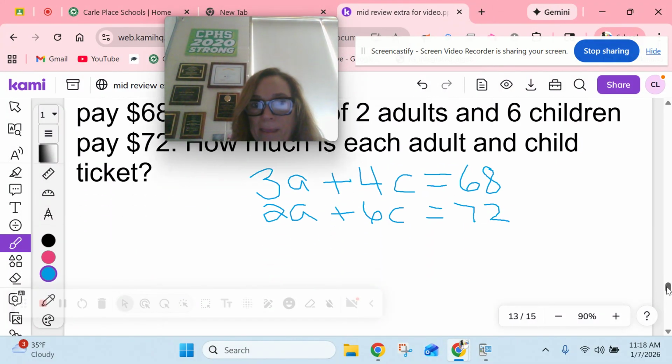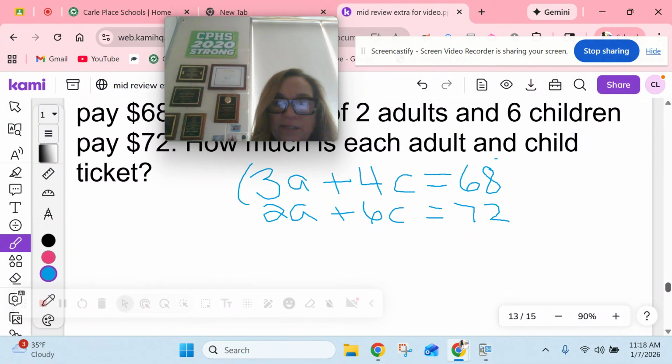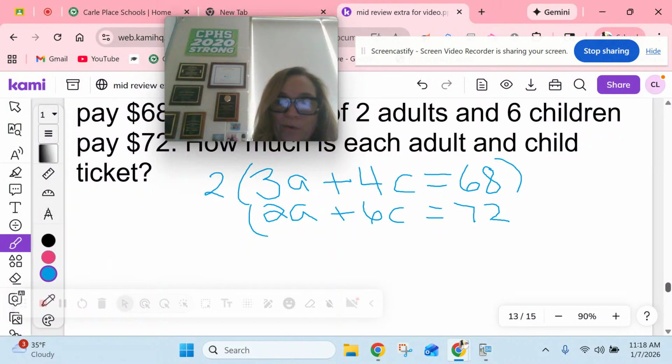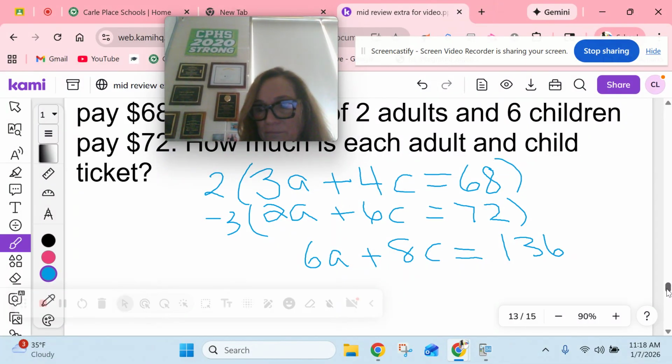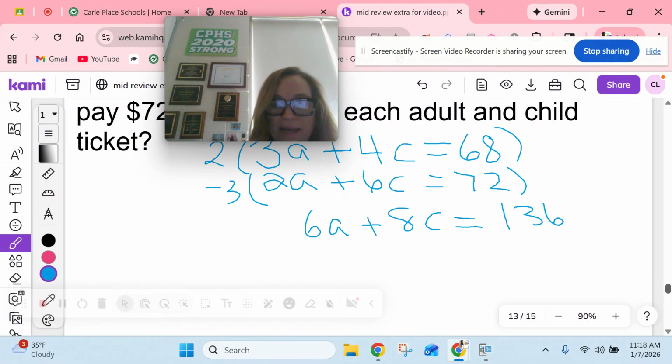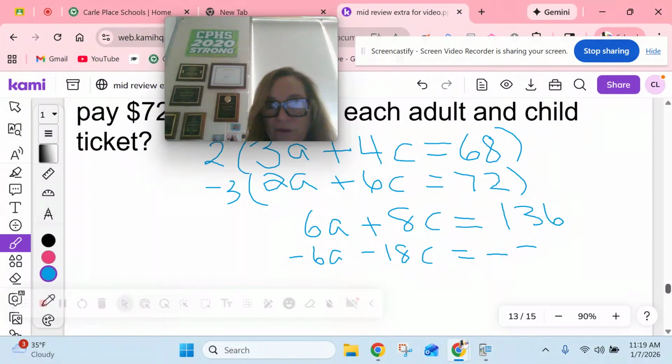All right, so I'm going to multiply the top one by 2, the bottom one by negative 3. So I get 6a plus 8c equals 136. I'm going to get negative 12a minus 18c equals negative 216.